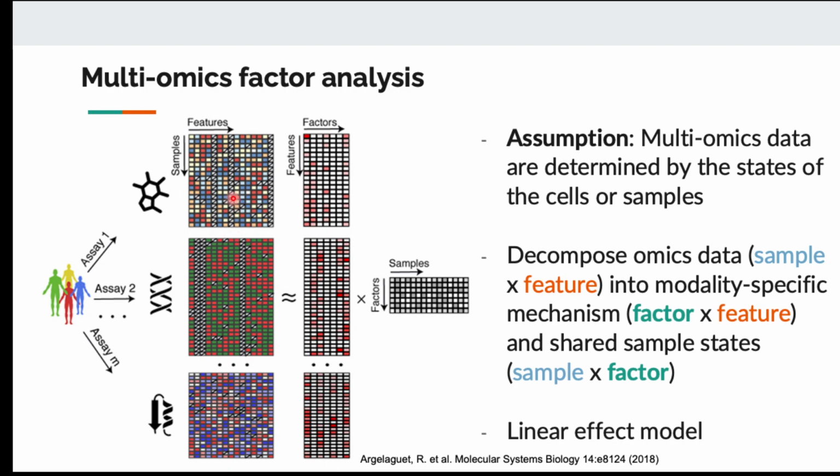So what they want to say is that if you have different omics data for the same sample, so let's say this is a vertical integration, you have the same sample and you analyze the same sample in different ways, in different omics.